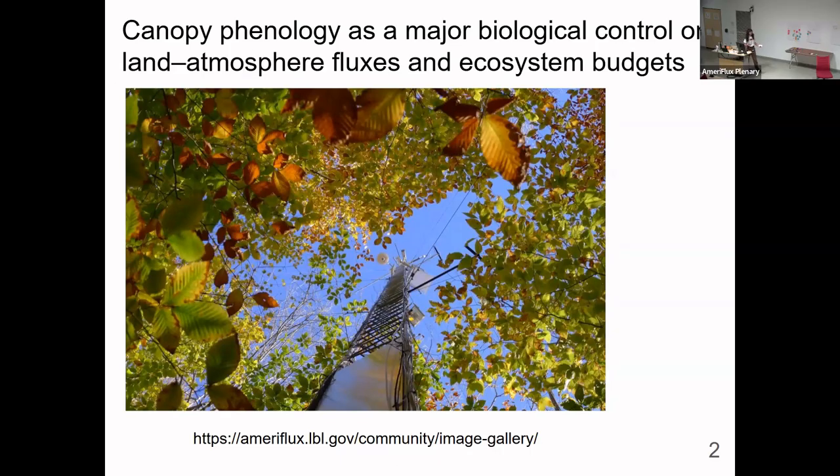That's because phenology is one of the main biological factors driving land-atmosphere fluxes at the annual time scale. For example, in deciduous forests, the dates of leaf emergence and leaf senescence exert a first-order control on annual productivity and carbon balance by determining the length of the growing season.